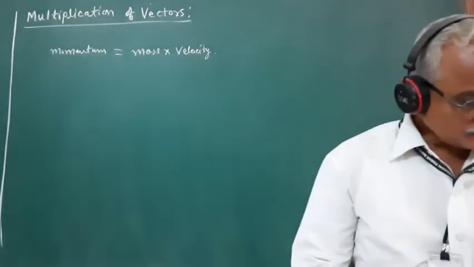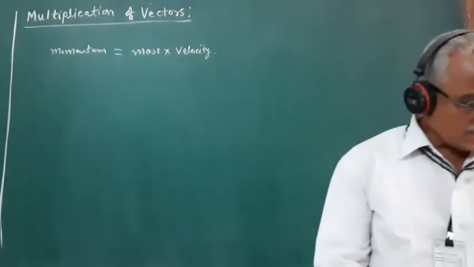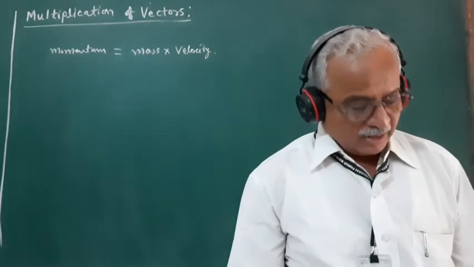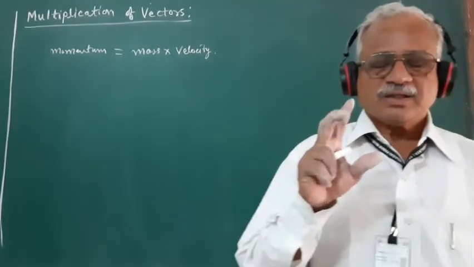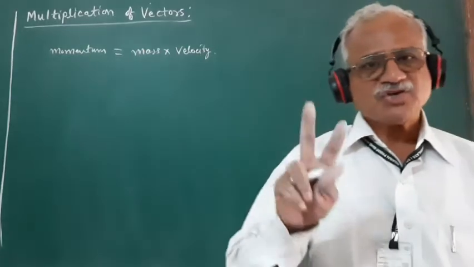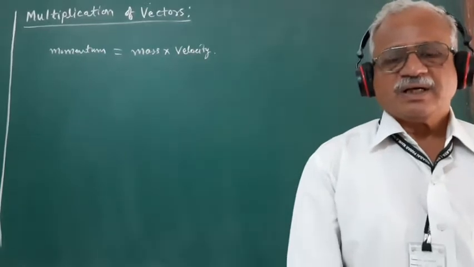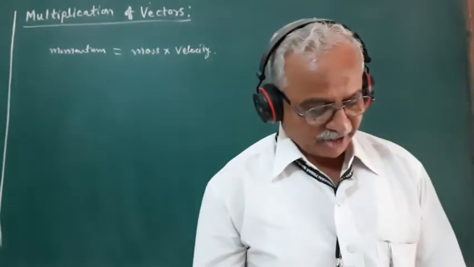Now, as we know that since the vectors have both magnitude as well as direction, if we want to take the multiplication of the two vectors, this multiplication of the two vectors cannot be performed by using the usual laws or rules of algebra, as we perform in case of scalar multiplication.